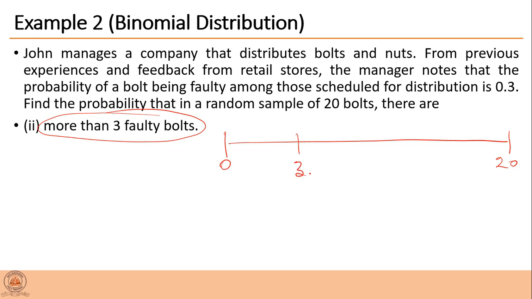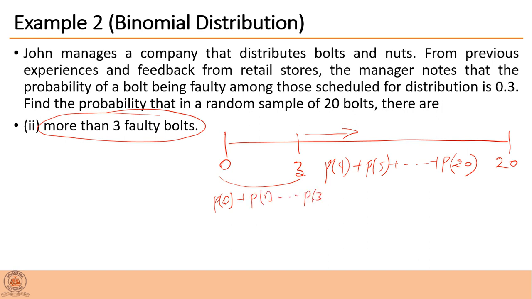Let's put 3 here, so more than 3 will be here: the probability of 4 plus 5 all the way up to 20. So this is a very long way of calculating it. From 0, the probability of 0, of 1, 2, and 3 looks simpler and shorter than starting from 4 to 20.